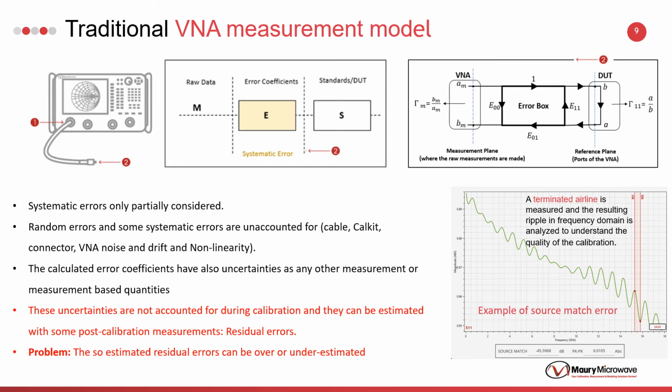One of the very well-known techniques to estimate the residual source match is to connect an airline terminated with a high reflect standard or device and measure the ripple peak to peak, the ripple seen in the reflection measurement, and estimate the residual source match from the peak to peak ripple measurement.